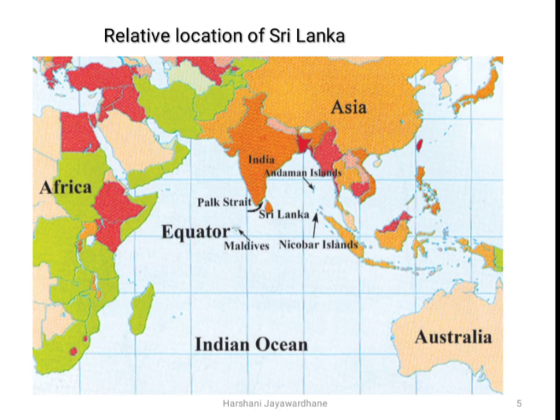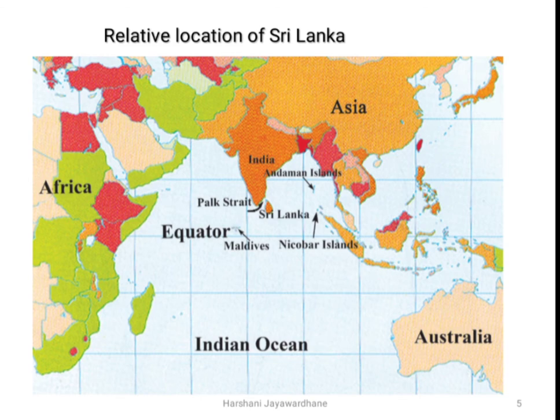That means we find our location by comparing relatively with other countries, continents, oceans, islands. That is called the relative location.